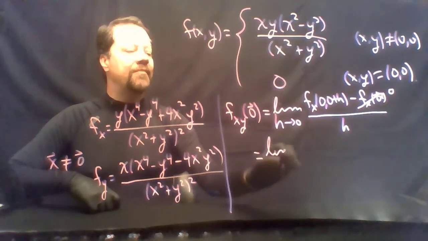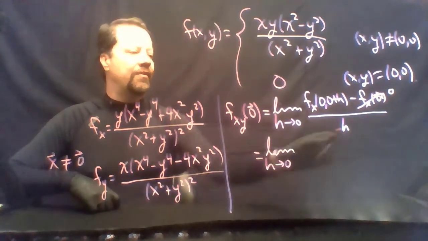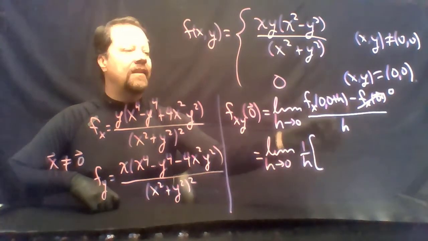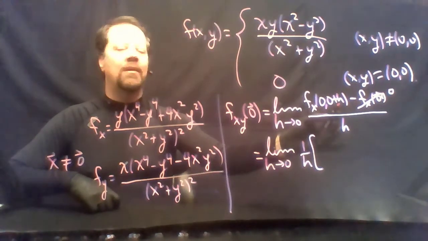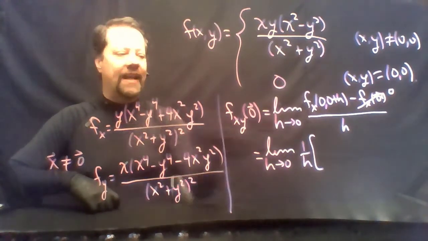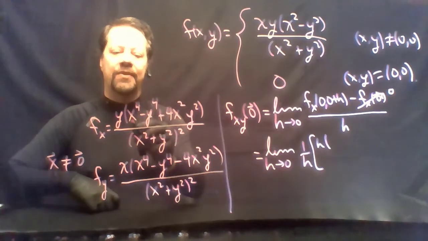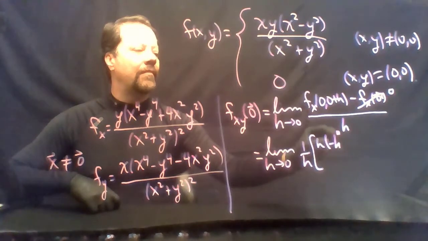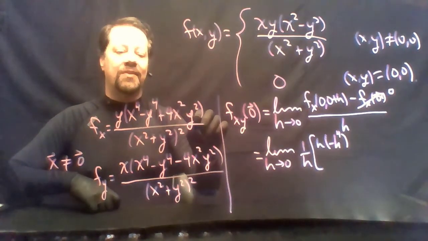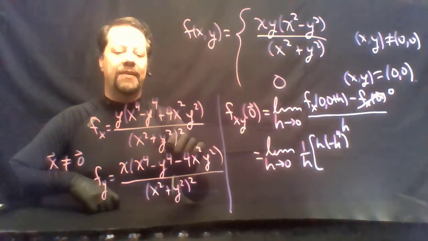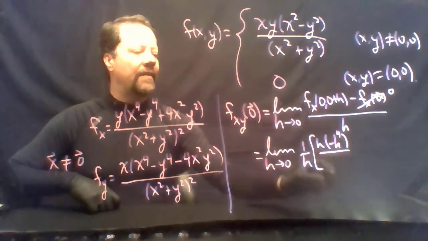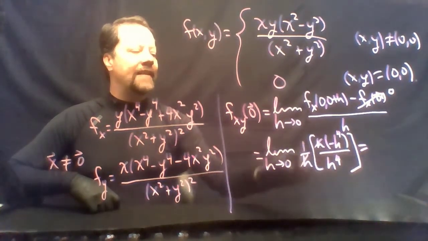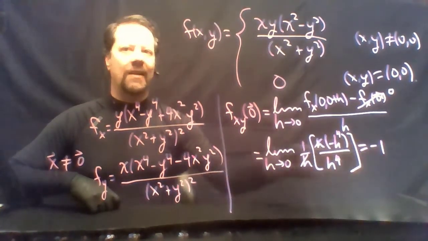So we're taking the limit as h goes to 0 of 1 over h times fx evaluated at x equals 0, y equals h. So we're going to have an h times (0 minus h to the fourth plus 0) all over (0 plus h squared) squared. That's h to the fourth. If you do the cancellation, you'll see we get minus 1.